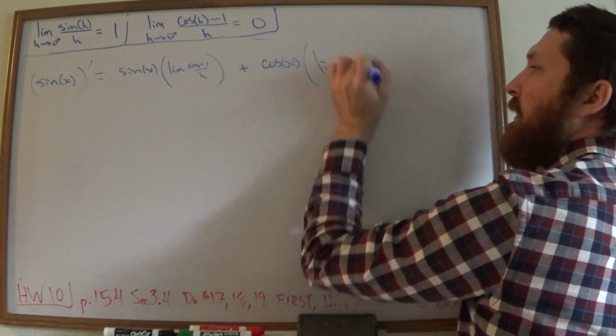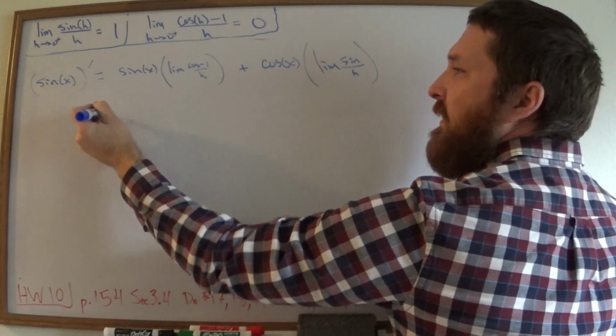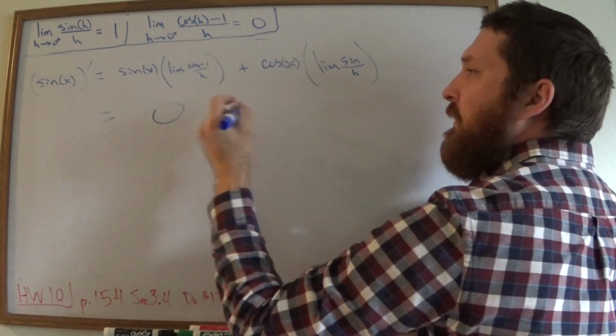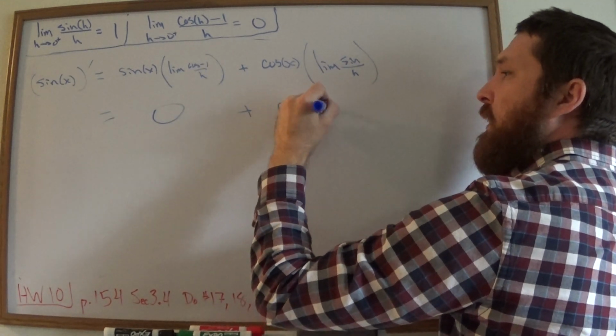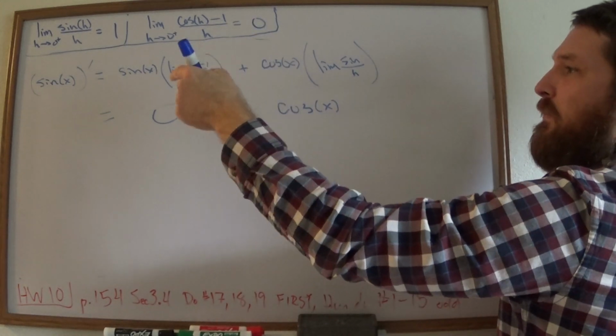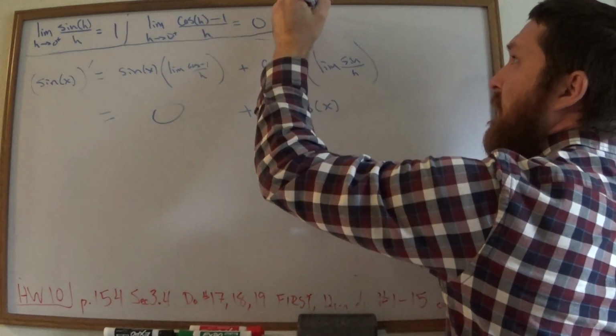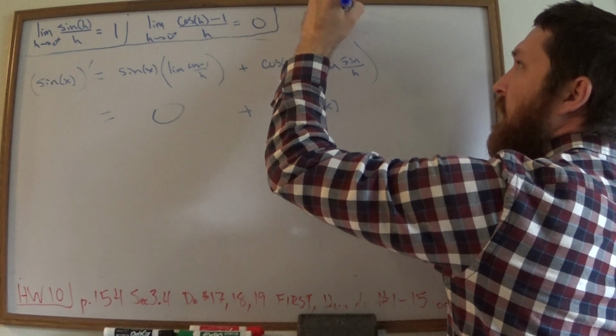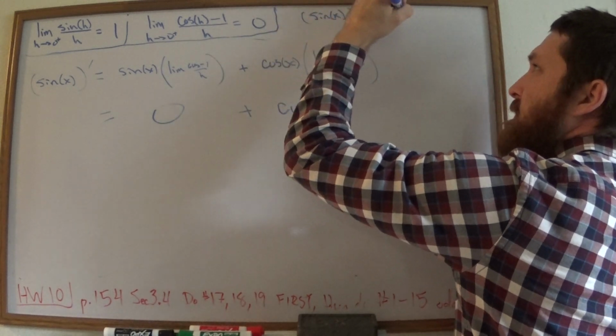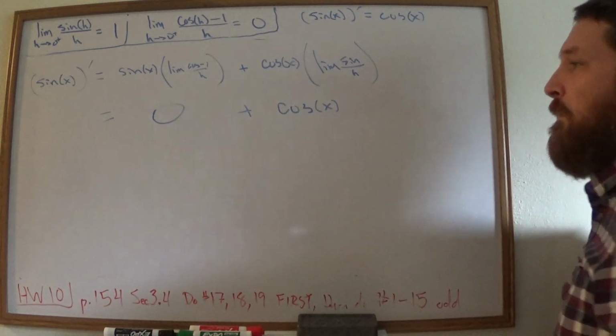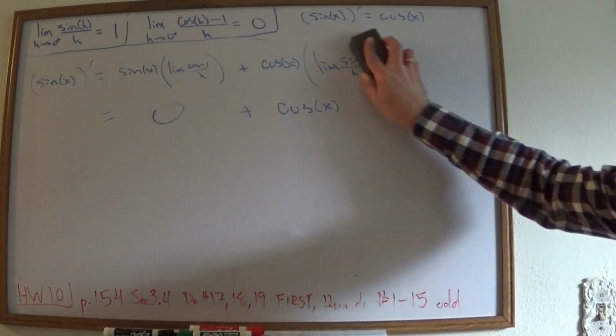We just said this guy goes to 0, this guy goes to 1, and so the derivative of sine x is cosine x. Boom! All right, now let's do cosine.